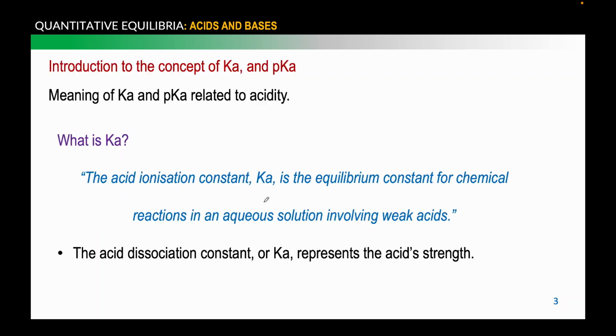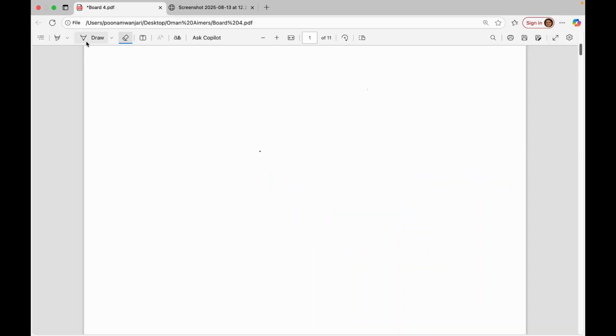So first, student, we will discuss what is meant by this dissociation constant, and it is abbreviated as Ka. Let us take a generalized example. This is a weak acid, HA. As it is an acid, it dissociates into H plus ions and A minus ions.